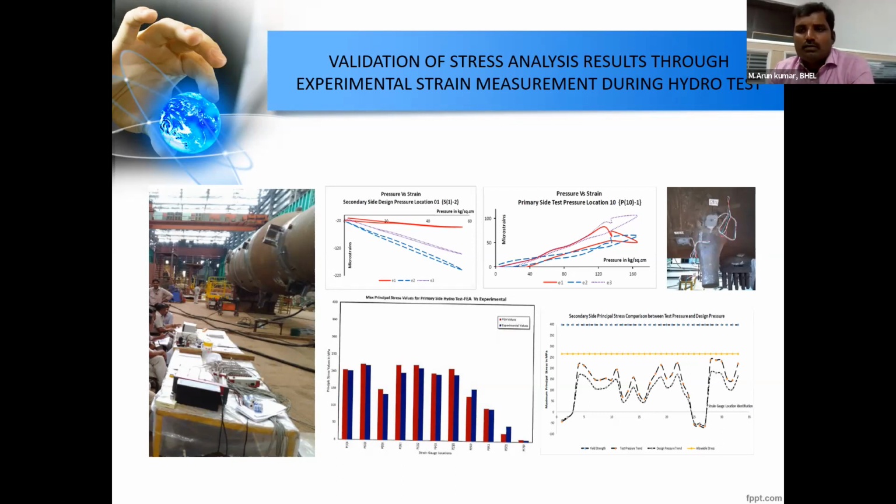So we have done a lot of optimization study by changing the parameters in our own code, and we could arrive at a final thickness. These are the challenges we face in our design due to various aspects compared to other fossil power plants.